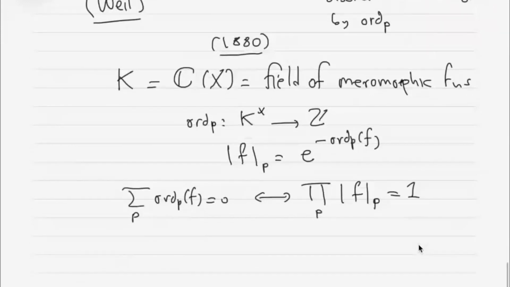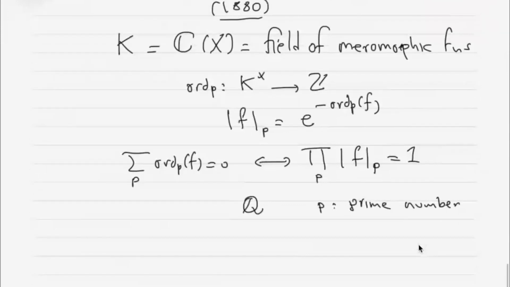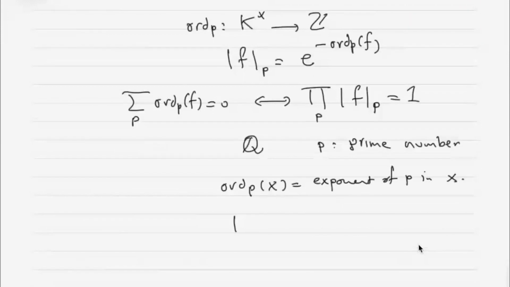Okay, and now, if I want to give you a similarity between this function field case and the number field case, I have to talk about Q, for example, where any prime number p will give you a discrete valuation, which is the exponent of p in x, and then you define the absolute value of x with respect to the prime number to be p raised to the power minus v_p of x.